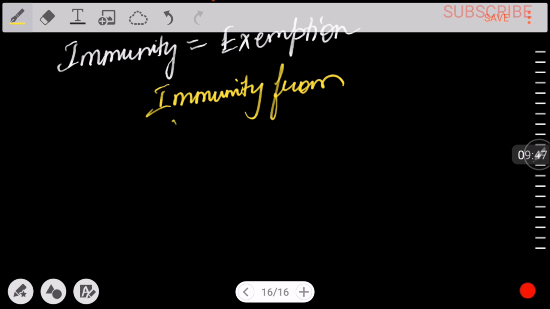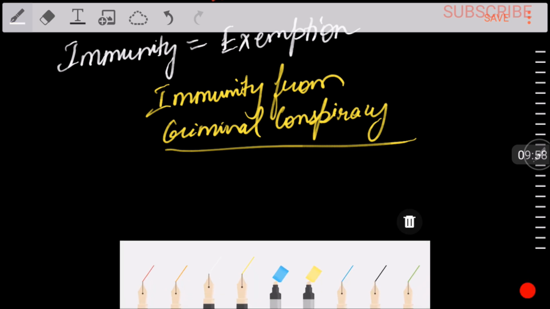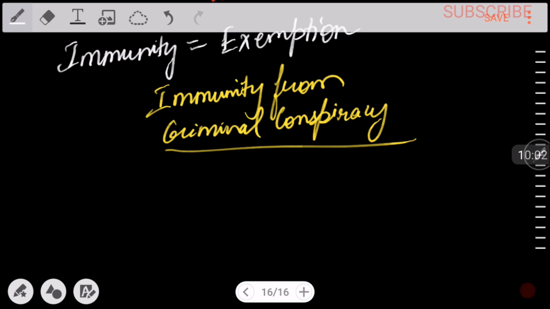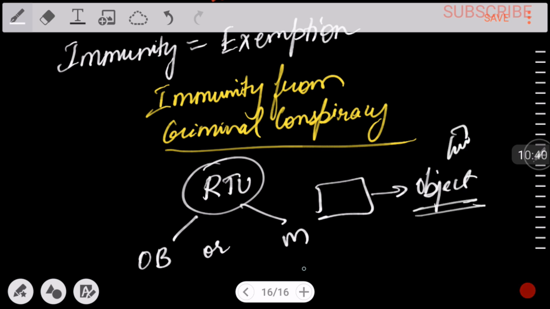Immunity from criminal conspiracy. No office bearer or member of a registered trade union shall be liable to punishment in respect of any agreement made between the members for the object of the trade union.